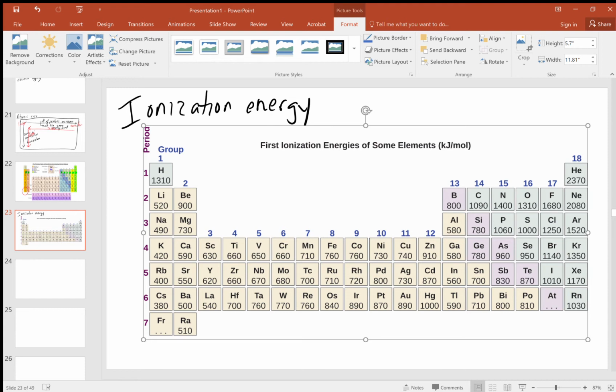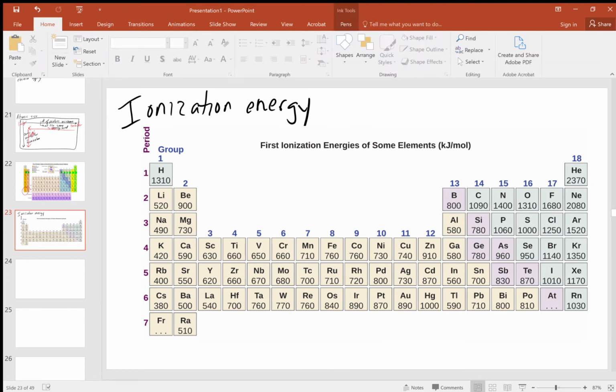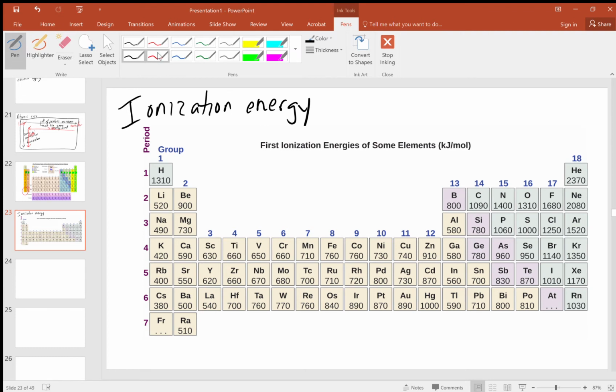So this one, the trends, some of them are as obvious as they were for size, but some of them are a little less obvious. So what's the obvious one? The obvious one is that hopefully you see, as we go down the periodic table, the ionization energy also decreases.